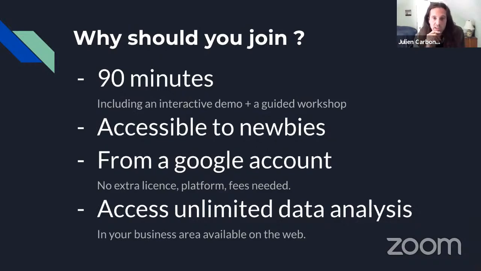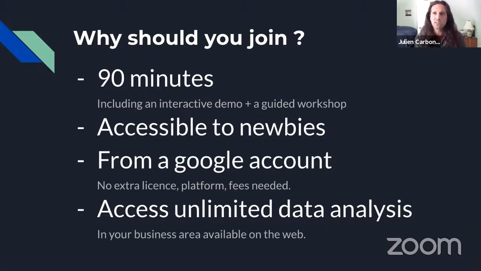All you need is a usual Google account. So there is no extra license, there is no other platform to use than the Google one, and so no fees are needed. It's all free tools that you can access simply by synchronizing with your Google account. We will use Google Colab.